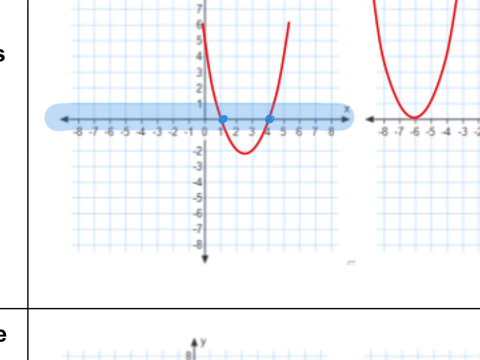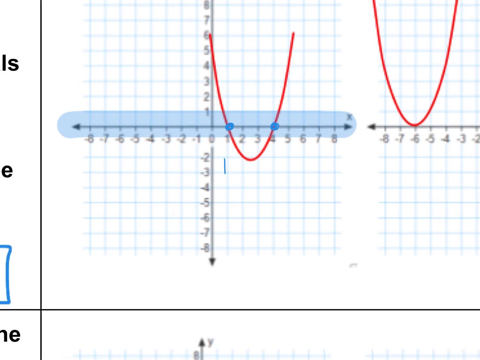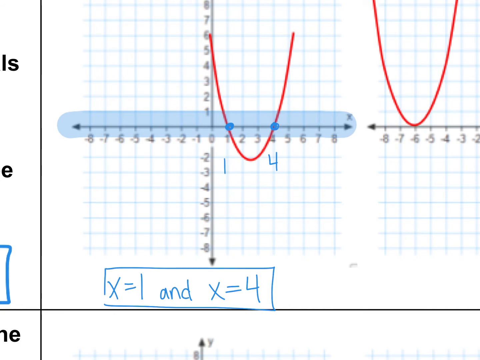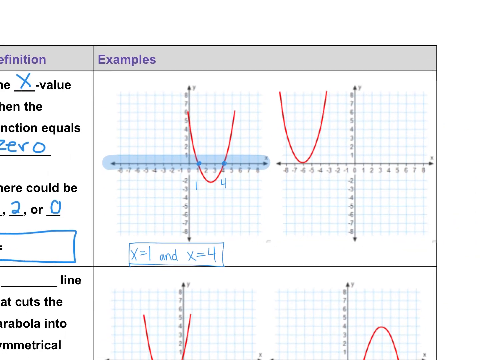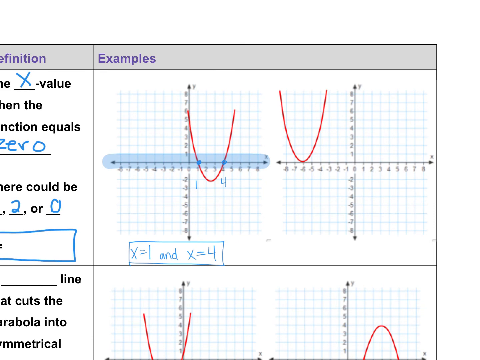Well, what numbers are those? It was 1 and it was 4. It crossed twice, so we're going to have two answers. So it's going to be x equals 1 and x equals 4. That's your answer.